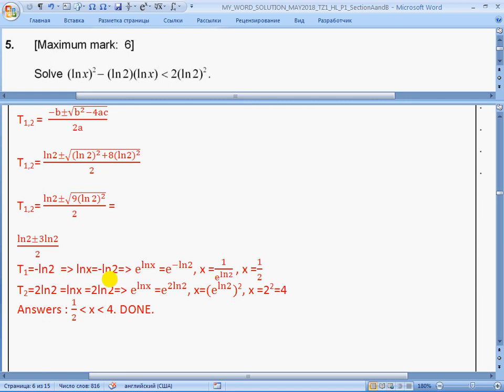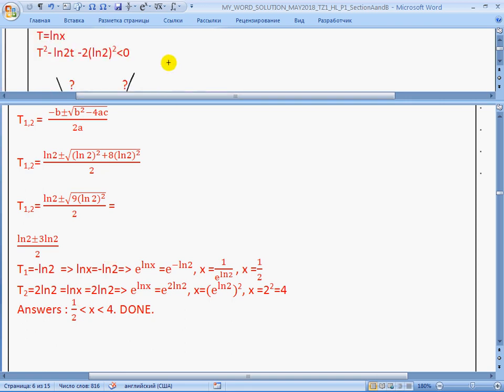To solve this, I just raised both sides to the exponent to get rid of the logarithm. So I get this value, and the same I did here. As a result, I got two solutions. So our answer is strictly between them. Strong inequality, because at the beginning we have a strong inequality.